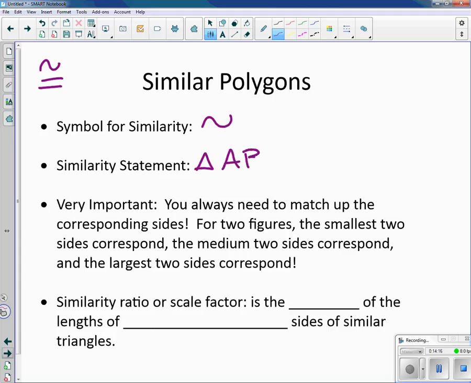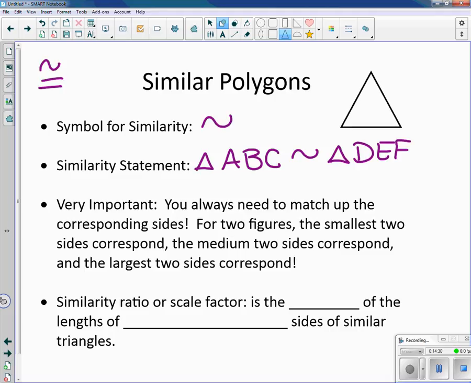Triangle ABC is similar to triangle DEF. And here goes my shape right here. So, this would be ABC. That would be DEF.